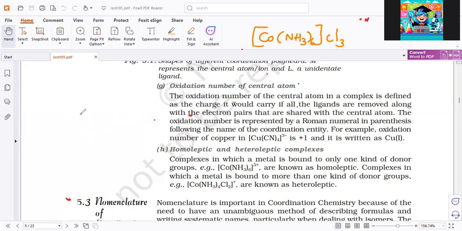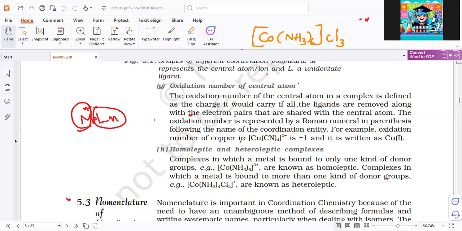So there is a metal and there are ligands in the coordination complex, and they share electrons. If the ligands are removed together with these electrons, the remaining charge on the metal is called the oxidation number. The oxidation number is represented by a Roman numeral in parenthesis following the name of the metal in the coordination entity.